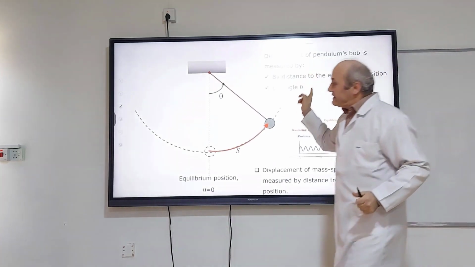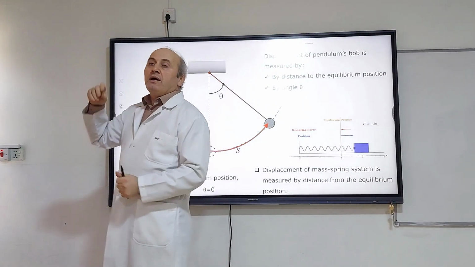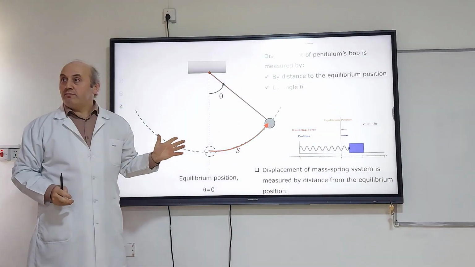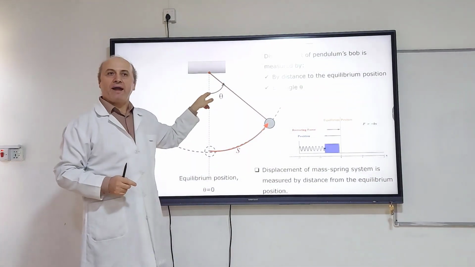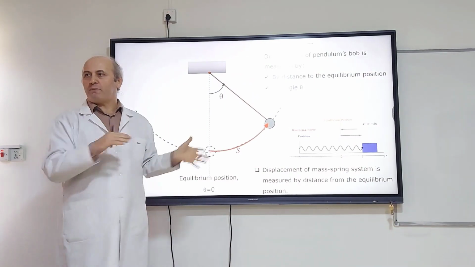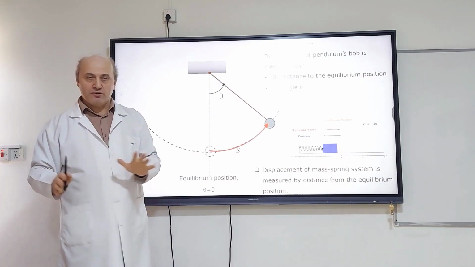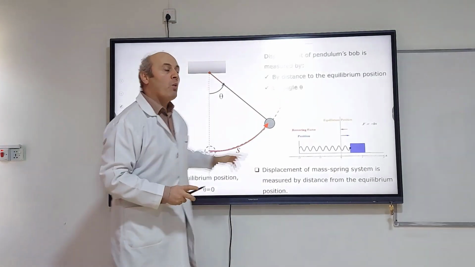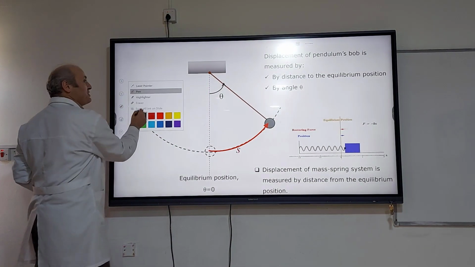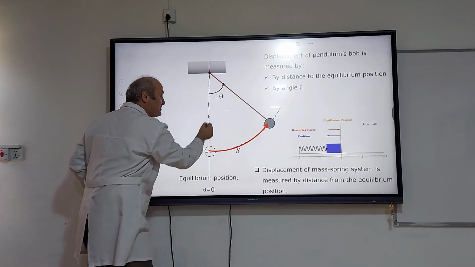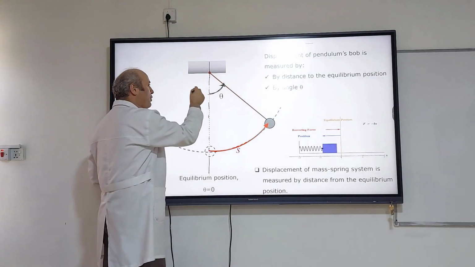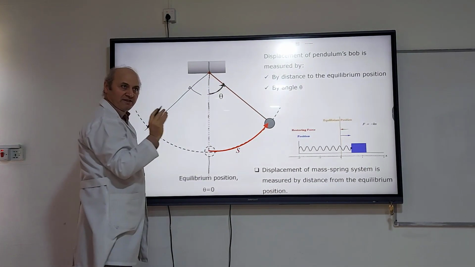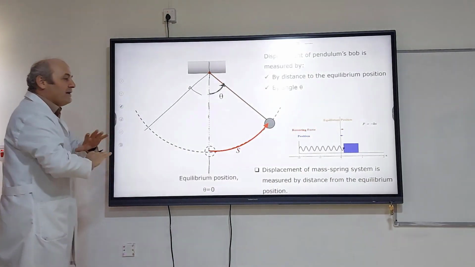But in a simple pendulum, the displacement of the pendulum's bob will be measured by an angle. We don't use distance, even though your book says distance also, but we don't. We are using angle. The angle this pendulum swings away from the equilibrium position is the displacement on the right or on the left, theta.